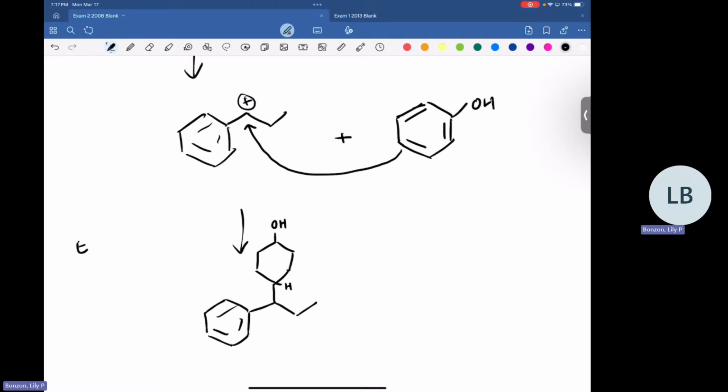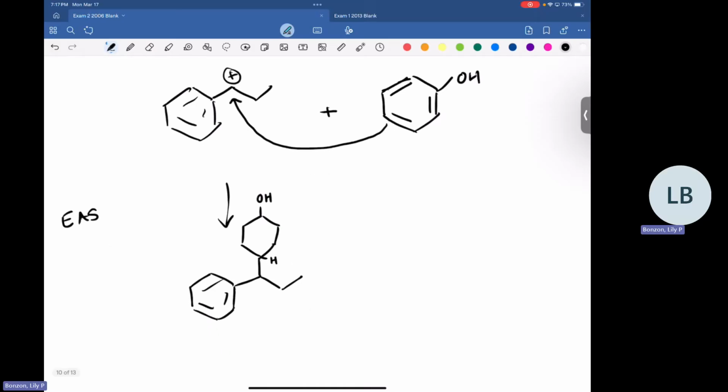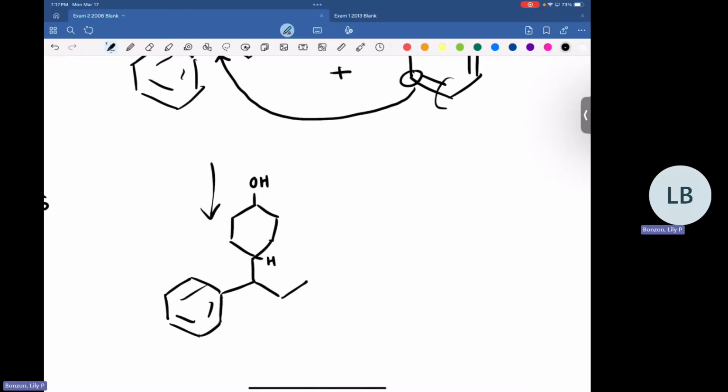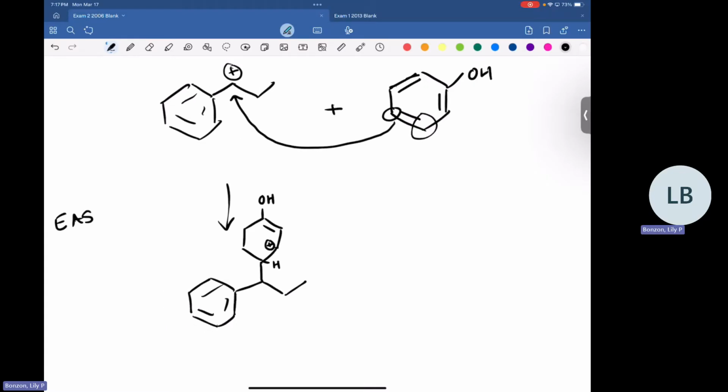If you remember your EAS, you'll have to do this kind of big transition state resonance thing. So this carbon gained that bond from the attack, so it's not going to be positive. It's going to be this one here on that other carbon in that double bond that's going to be positive now.